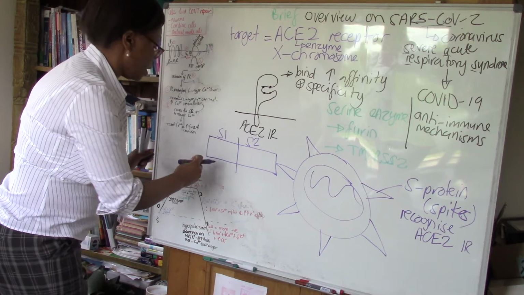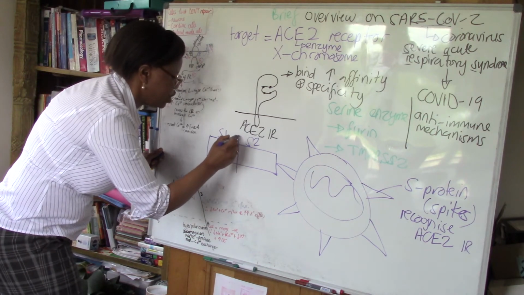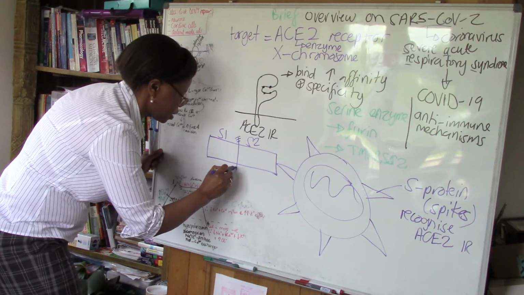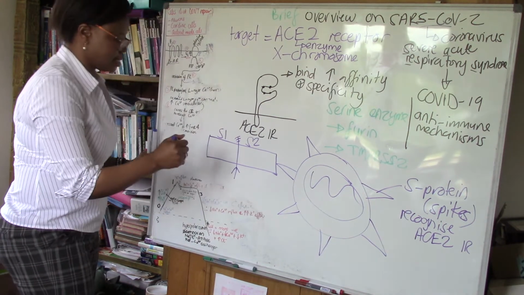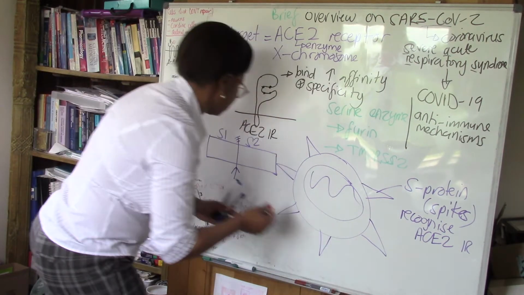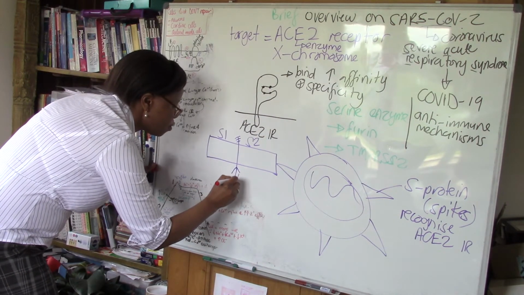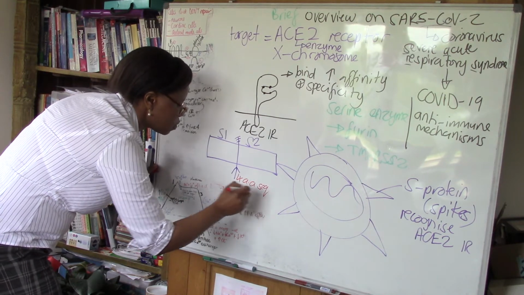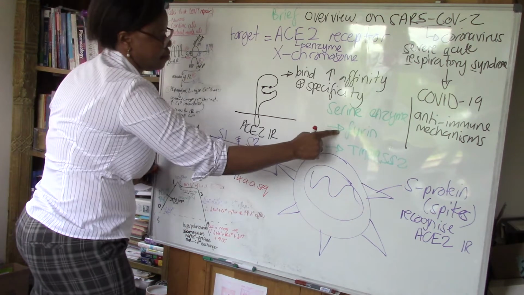So S1 and S2 have a junction here, and at this junction the virus has inserted an amino acid sequence, a 4 amino acid sequence, that is recognized by furin.